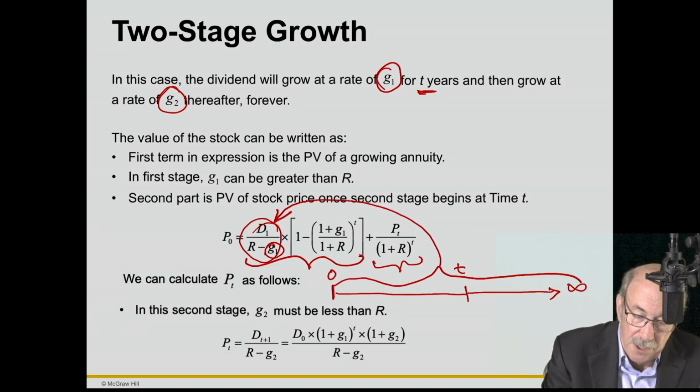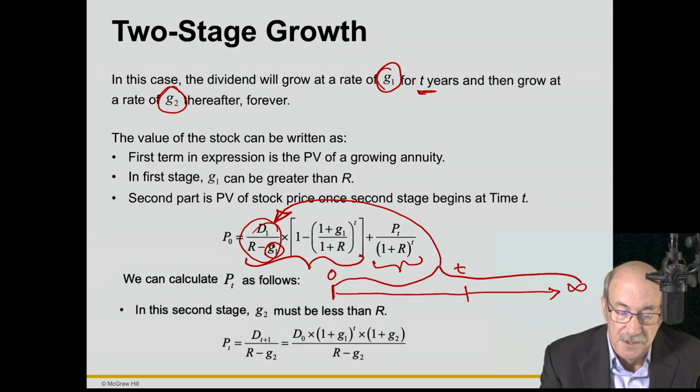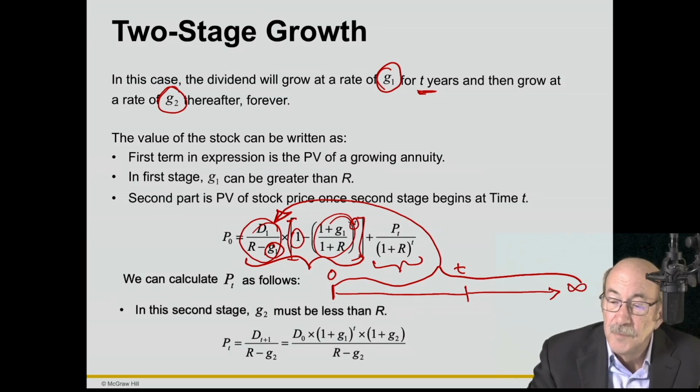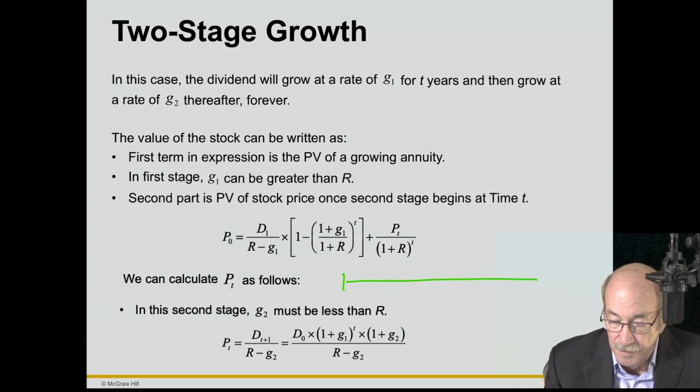In other words, that's the value of this first growth rate from here all the way out to infinity. That's this guy right here. All right, and then inside these brackets, we've got two terms, 1, and then we've got this fraction raised to the tth power. So let's deal with the 1. Let me clear off my markings here, and let's change the color of this.